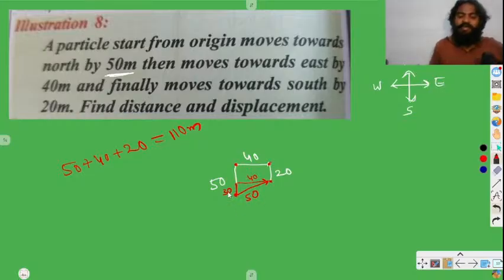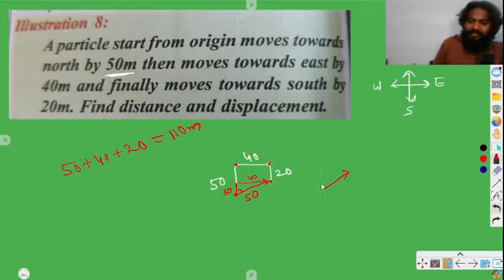If it is 30 and 40, then it will be 50, and this angle is 53 degrees. This is the resultant, and it is 50 meters.